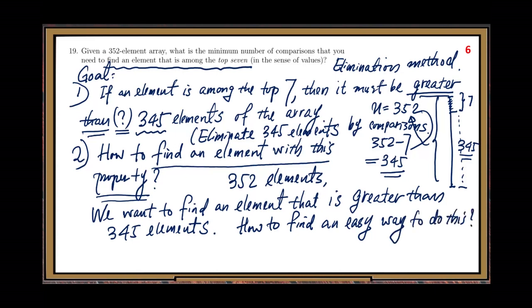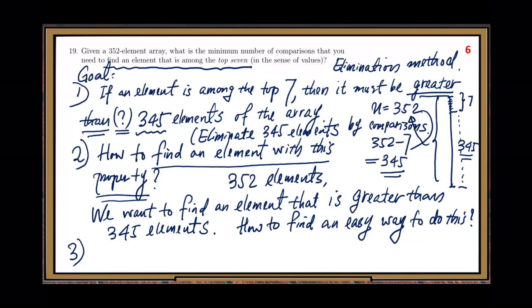The goal is clear, but what about the way? We want to find a convenient way to make this happen. That's the last step we need to do, and it's very important, the critical step.